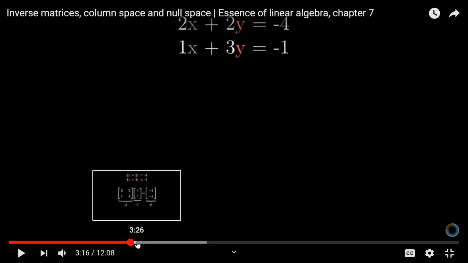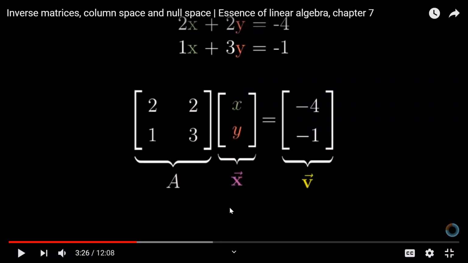I can very clearly write this whole system of linear equations in the format Ax equals B. Now you have a coefficient matrix, and these numbers come from the coefficients of our linear system. This 2 is coming from the coefficient of x, and this 2 from the coefficient of y.